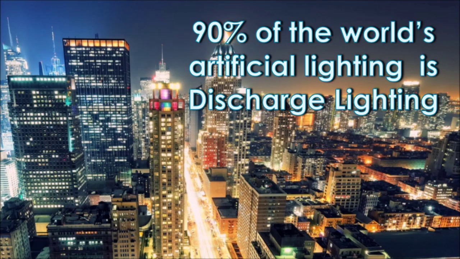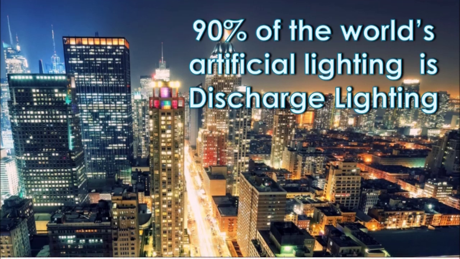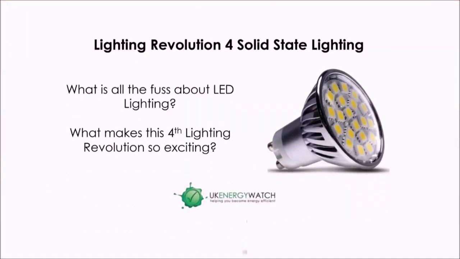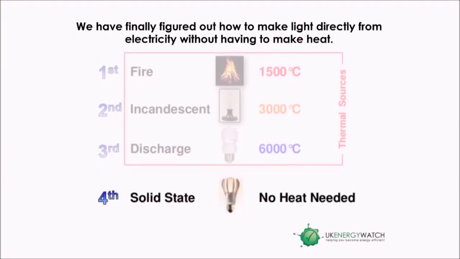So what's all the fuss about LED? I'm sure most of you have heard about LED lighting now. So what makes this form of lighting so exciting? It's because we've finally figured out how to make light directly from electricity without having to make heat.